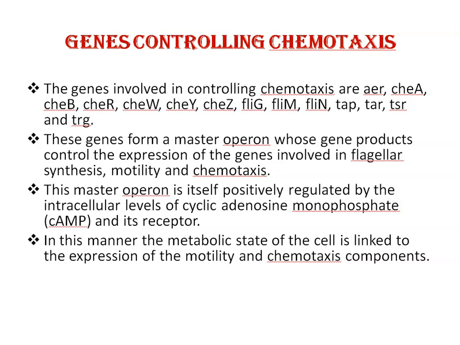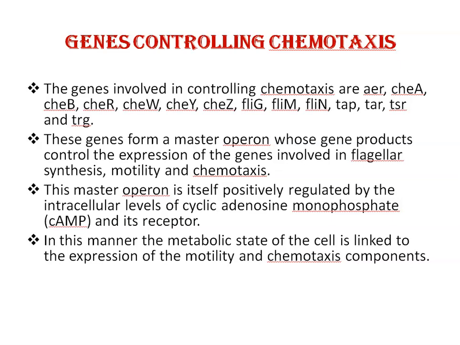The genes involved in controlling chemotaxis are AER, cheA, cheB, cheR, cheW, then cheY, cheZ, then FliG, M, N, Tap, Tar, Tsr, and Trg. These genes form a master operon whose gene products control the expression of genes involved in flagellar synthesis, motility, and chemotaxis.